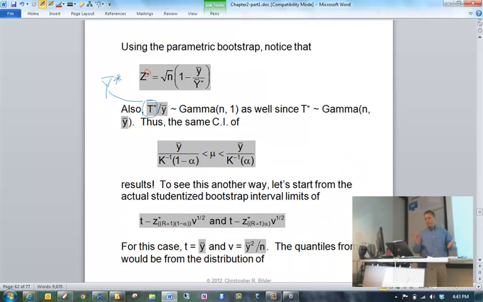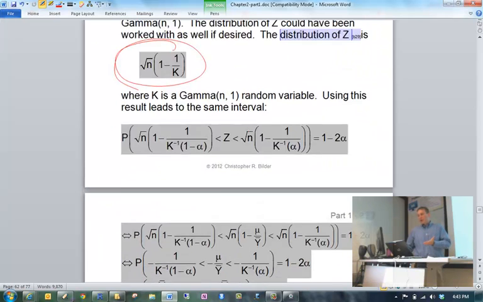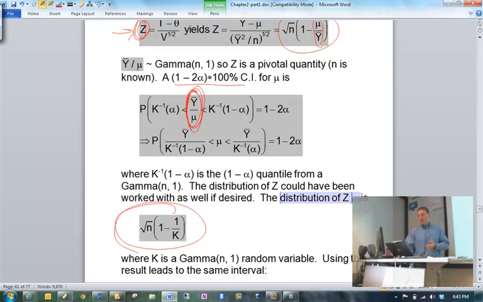So then, since this is exactly the same, we get the same interval using the parametric bootstrap. One could just simply appeal to exactly what I did up here, except for now I put this in there instead.